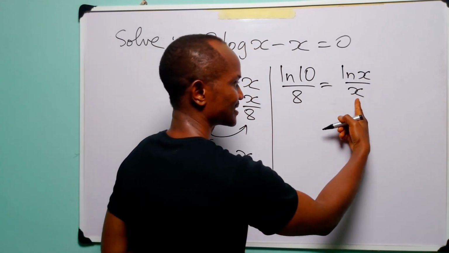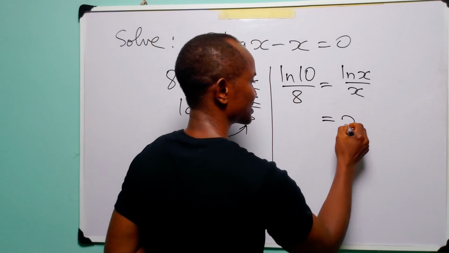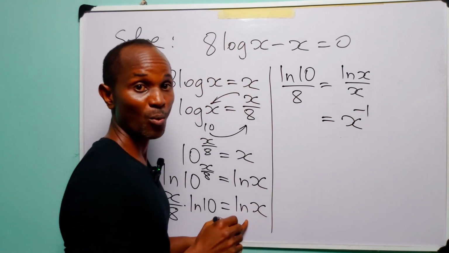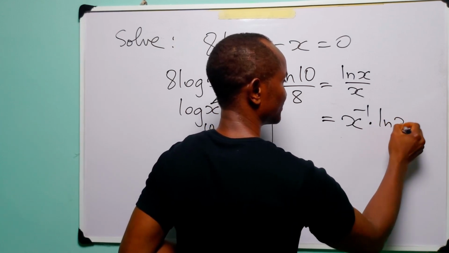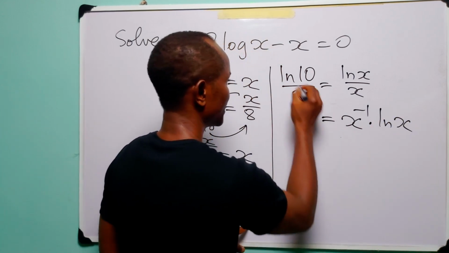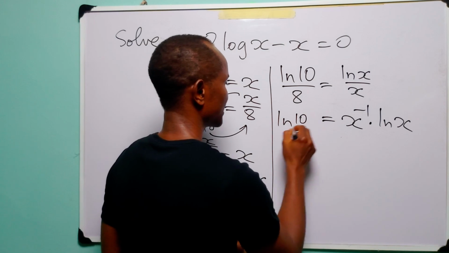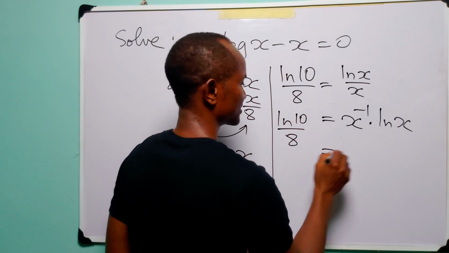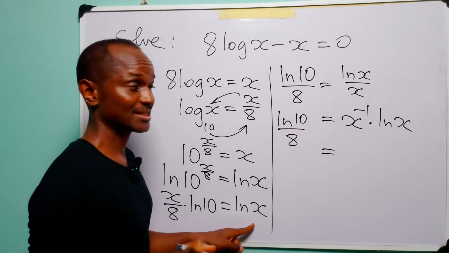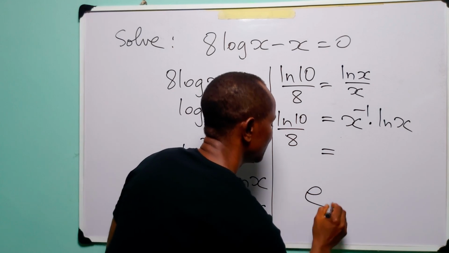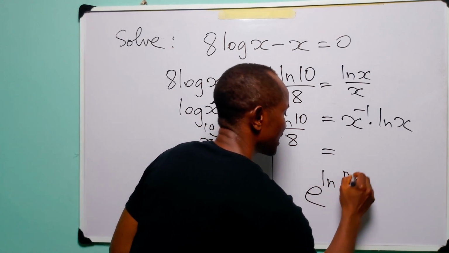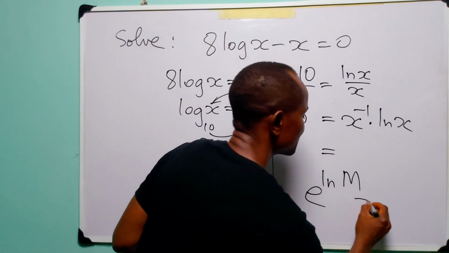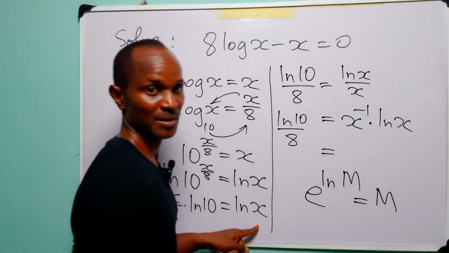Now, you know that when x is dividing, we can write it as x raised to power minus 1. And this is multiplied by ln x. Here we have ln 10 divided by 8. Now, next, remember that when we have e raised to power ln of any number n, this is simply equal to n.